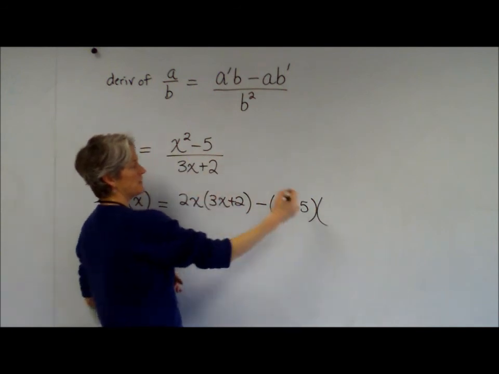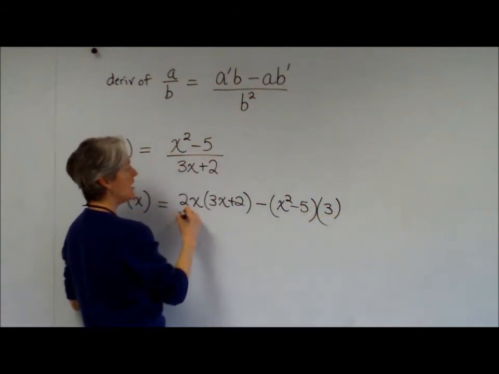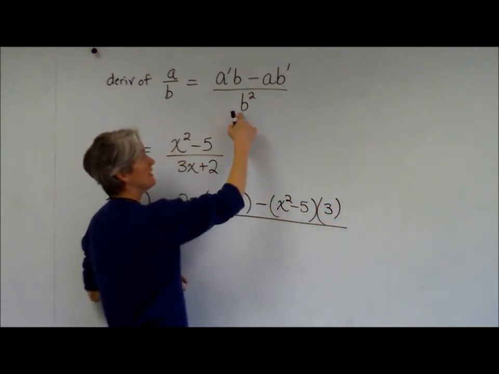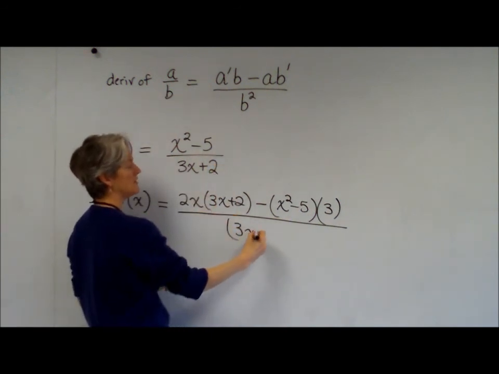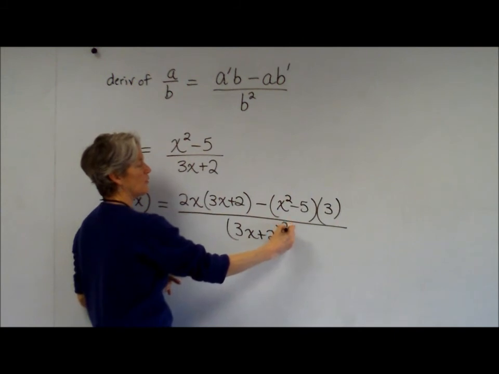Derivative of 3x plus 2 is going to be 3. All over your denominator squared, 3x plus 2, quantity squared.